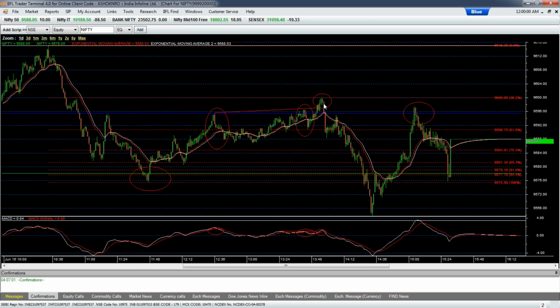What I did, I waited for the retracement to touch, afterwards gain some momentum, and waited for the 20-21 day moving average to be hit, and after that I took a sell over here and then bought back somewhere around the break-even levels, which is somewhere around 9600 levels of futures. So this is the place where I sold it, this is the place where I bought it, somewhere around here.